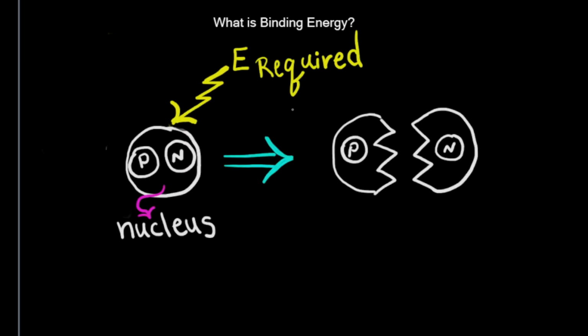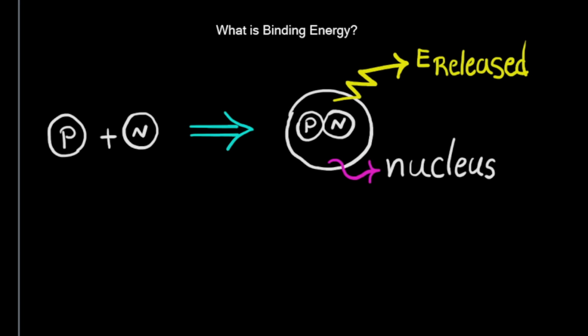Let's now introduce the concept of binding energy. Binding energy is the energy that is required to break the nucleus apart. It is the energy that is required to separate protons from neutrons. On the other hand, when protons and neutrons come together to form the nucleus, they release energy, and this energy release is the binding energy.